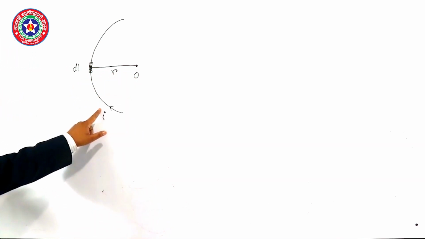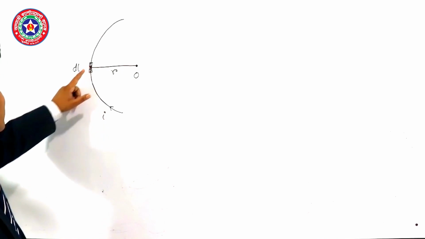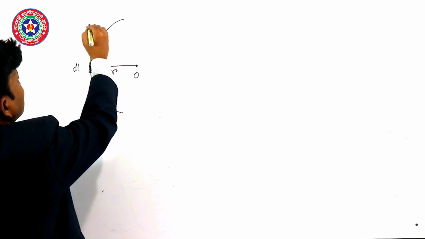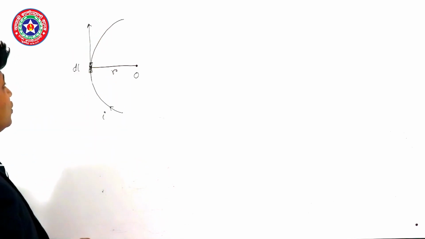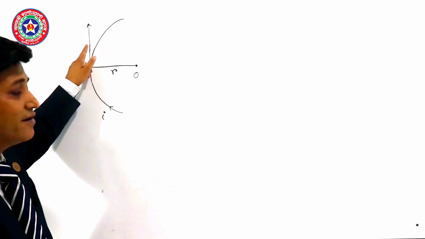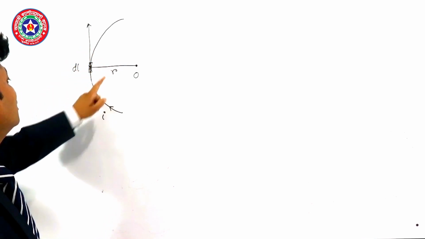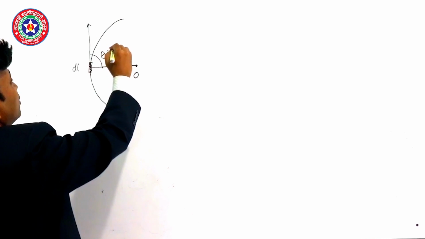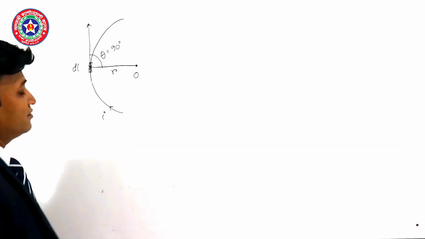When this current reaches point dl, its direction will be along the tangent. So the angle this direction of current makes with r is θ, which equals 90 degrees.